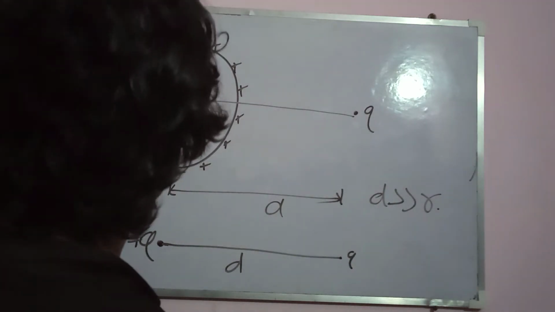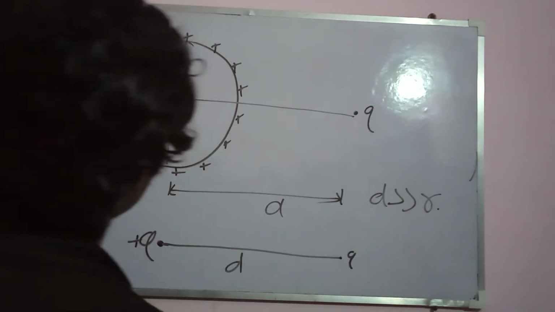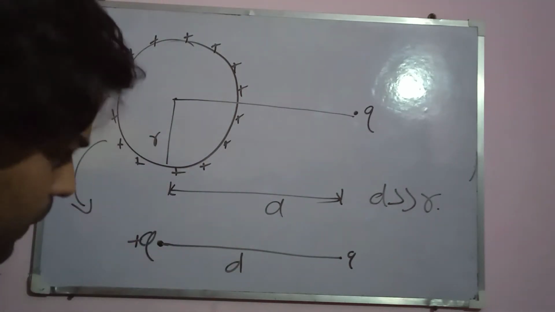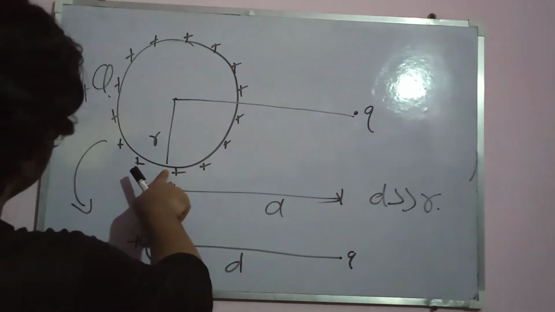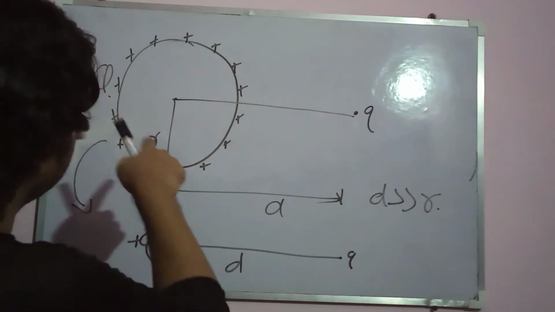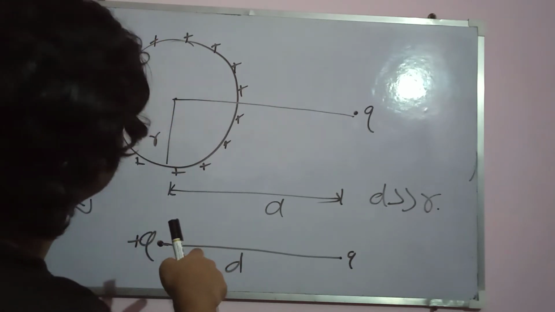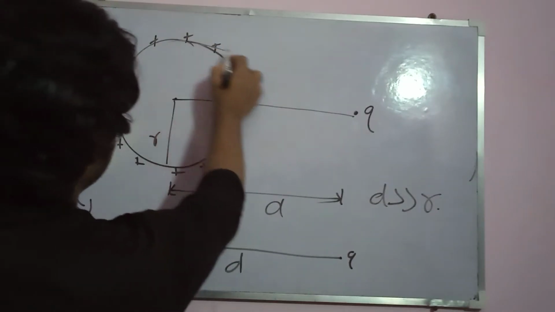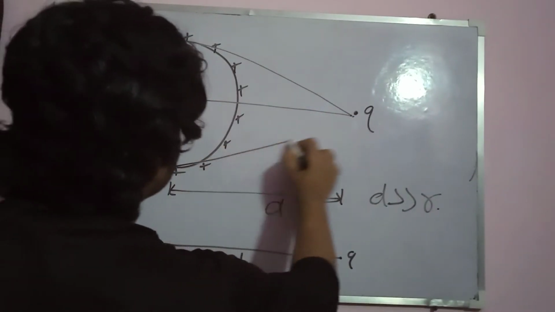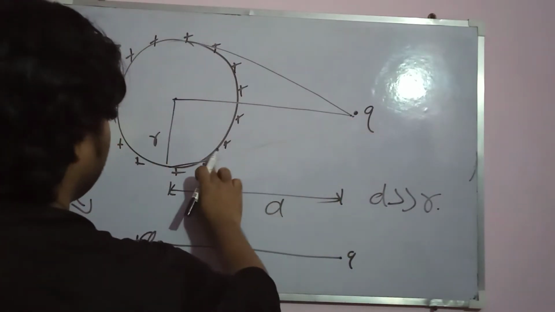So this is our First Shell Theorem. See here, I can make several analyses. Suppose take 2 point charges instead of this, and think that these 2 point charges are generating force equal to this force. So put a point charge here and take this distance. Let it converge at that point.